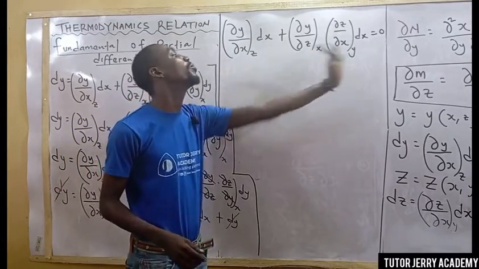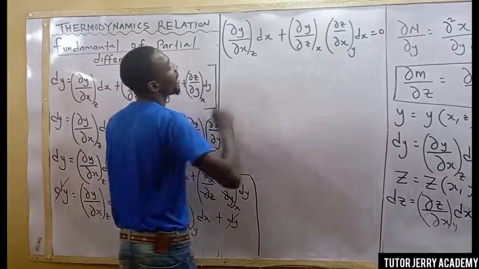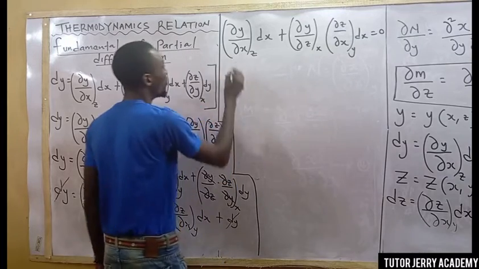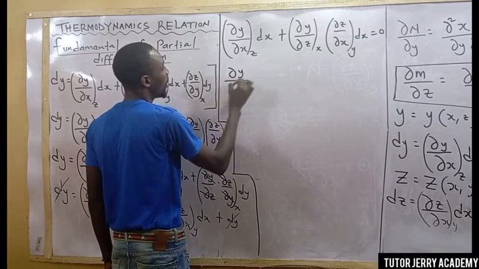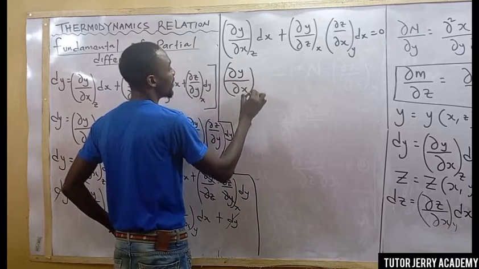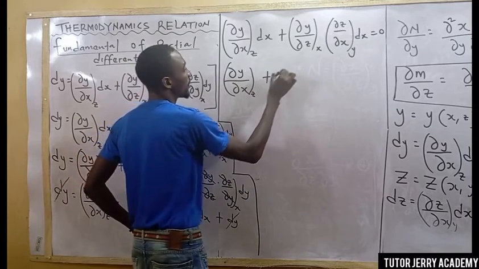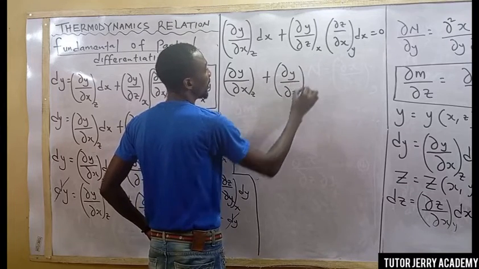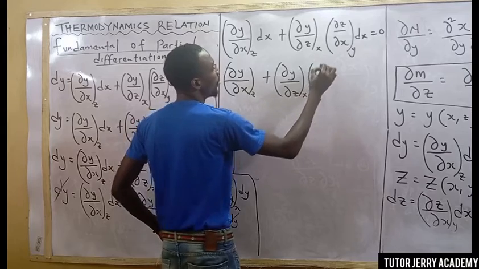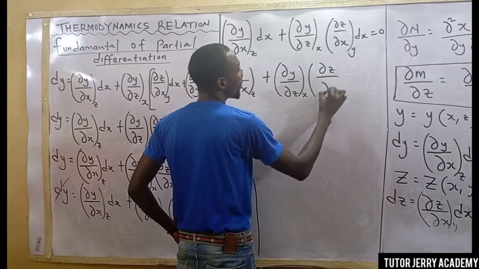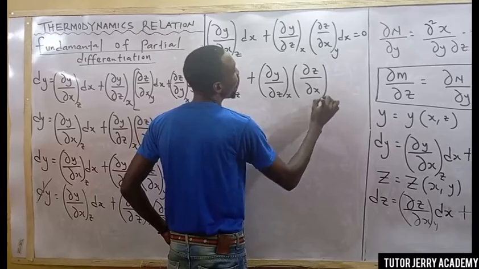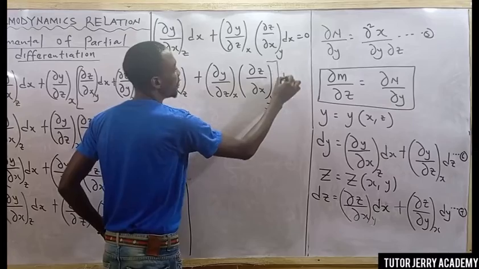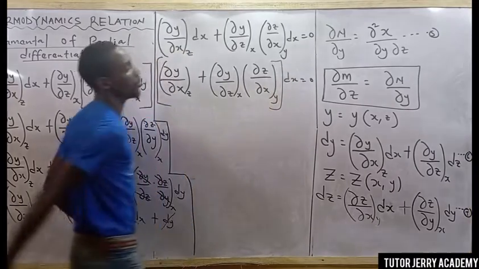So we can factor out ds, and we'll be left with partial derivative of y all over the partial derivative of s, keeping z constant, plus partial derivative of y all over the partial derivative of z, keeping s constant, into the partial derivative of z all over the partial derivative of s, keeping y constant. So if I factor out ds, I'm going to put this in brackets, then everything equals to 0.